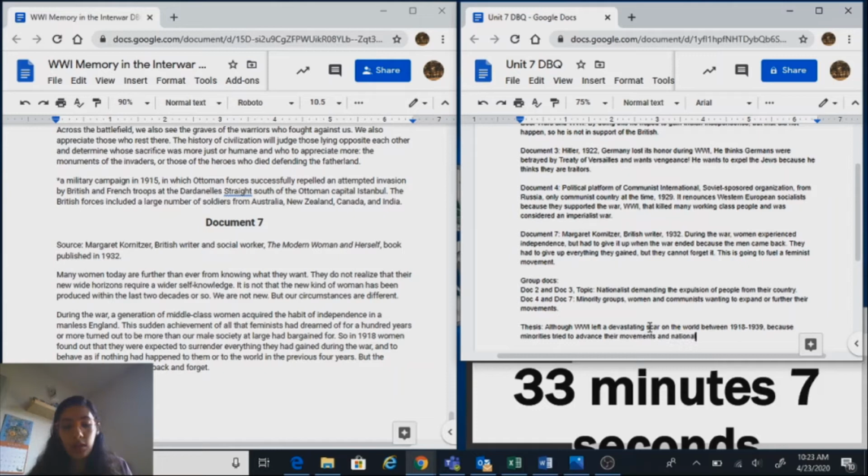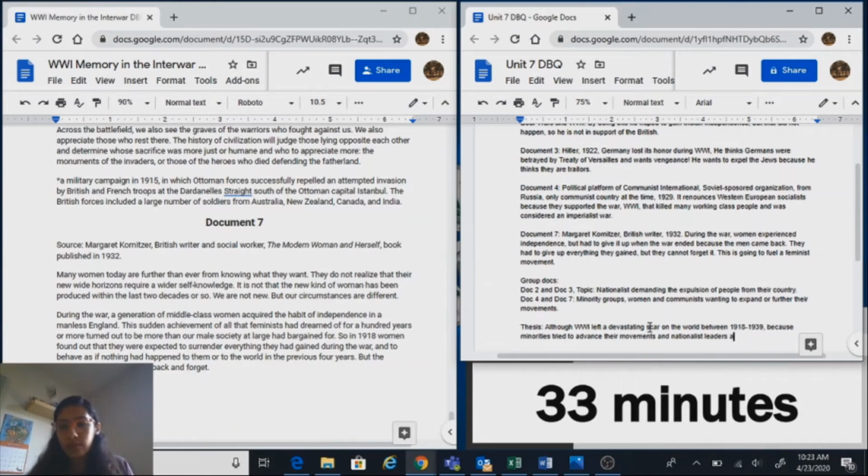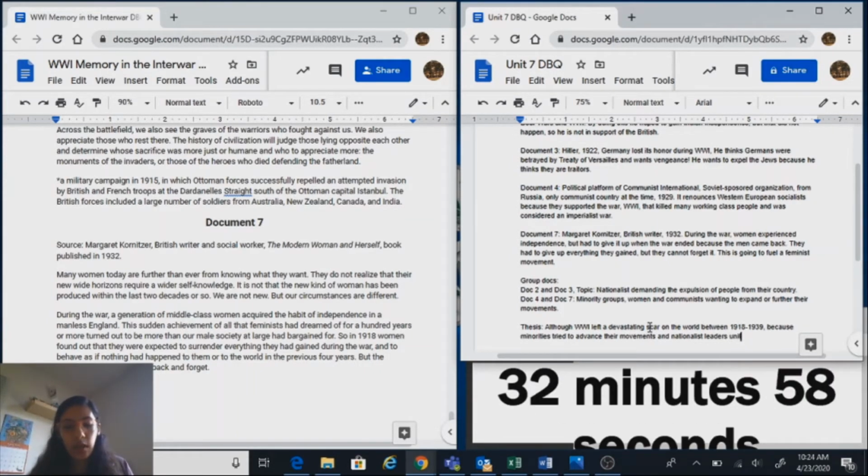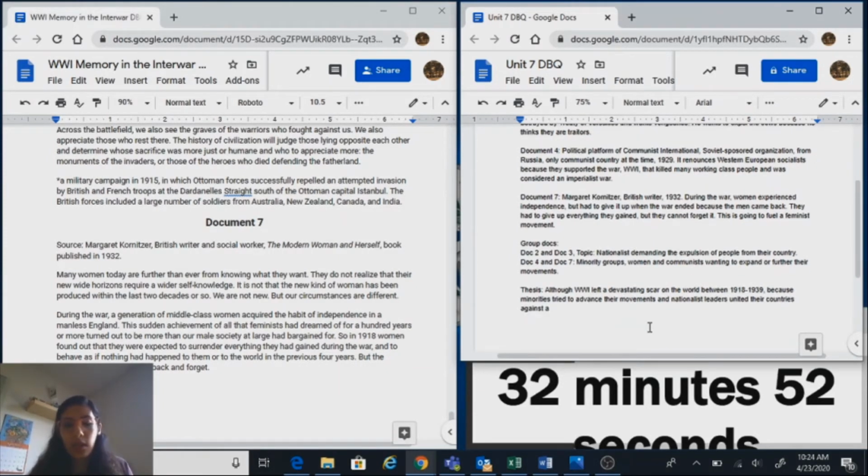And nationalist leaders, well, actually, united their countries against a common enemy.